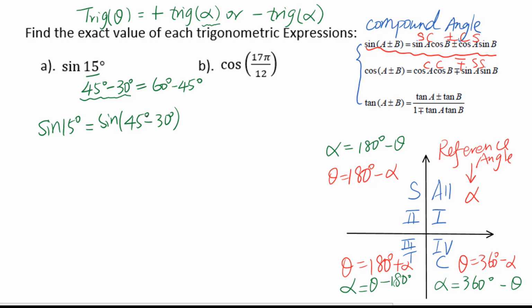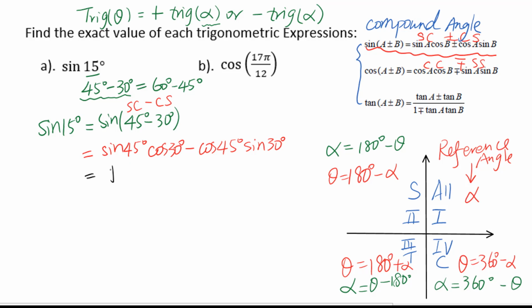Sine of 45 degrees minus 30 degrees, we know that's SC minus CS. So we get sine 45 degrees cosine 30 degrees minus cosine 45 degrees sine 30 degrees. Then we plug in the values.